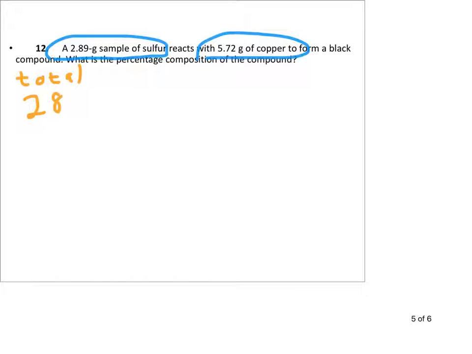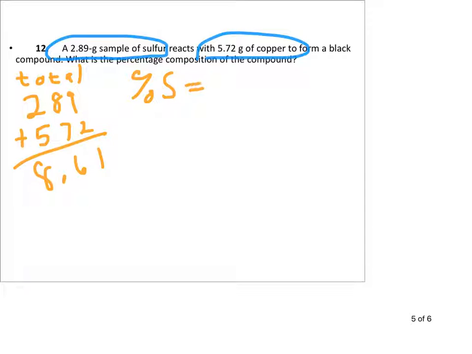You take 2.89 plus 5.72. Get 8.61. So our percent sulfur is going to be the 2.89, your part, divided by the whole, 8.61. Then you'll express it as a percent.